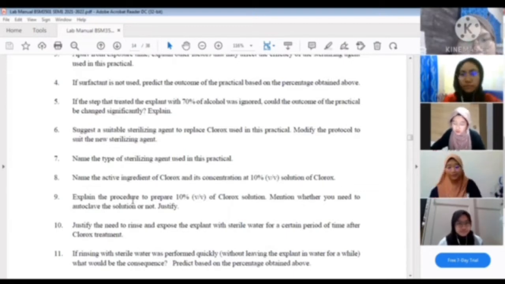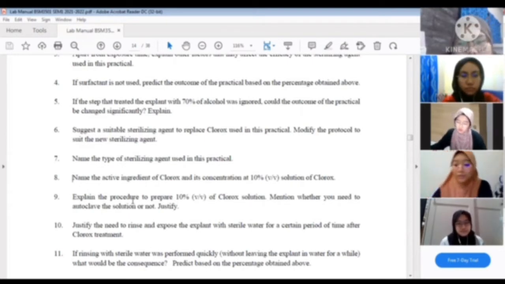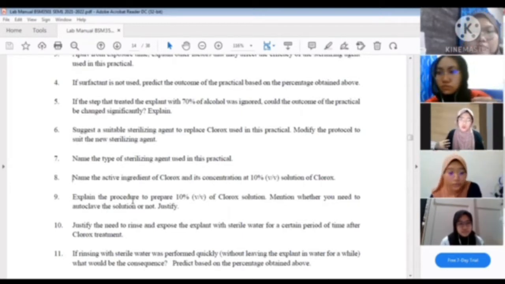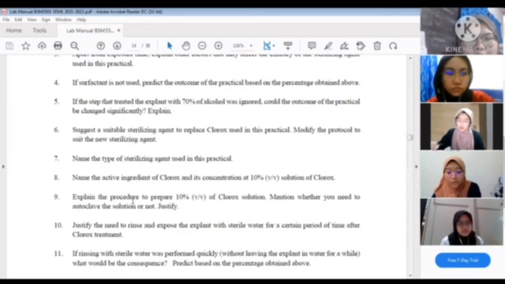Okay. So number 10, justify the need to rinse and expose the explant with sterile water for a certain period of time after Clorox treatment. In this question, my answer is because the sterilizing agent that we use right now, which is HgCl2, was aimed to kill the microorganism, but because of the toxicity or maybe the exposure to the sterilizing agent, we don't want the plant material to be damaged too much.